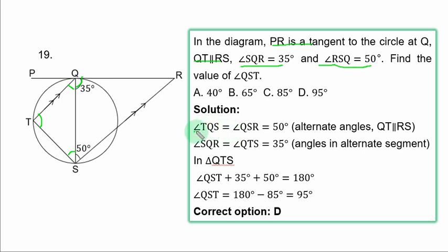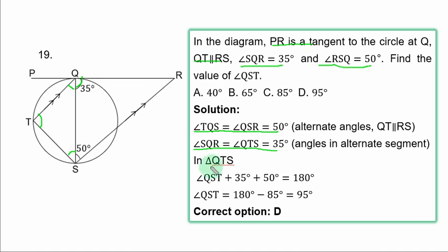Angle TQS is equal to angle QSR, that is 50 degrees, alternate angles, and angle SQR is equal to angle QTS, and that is 35 degrees, angles in alternate segments.